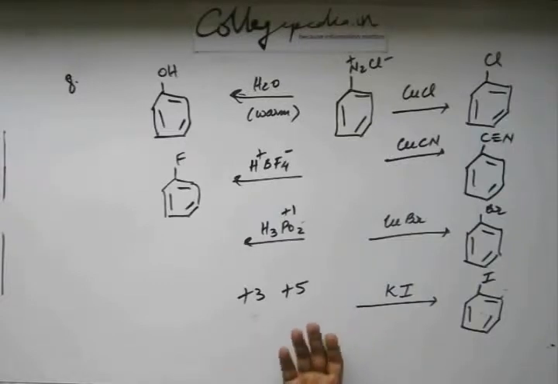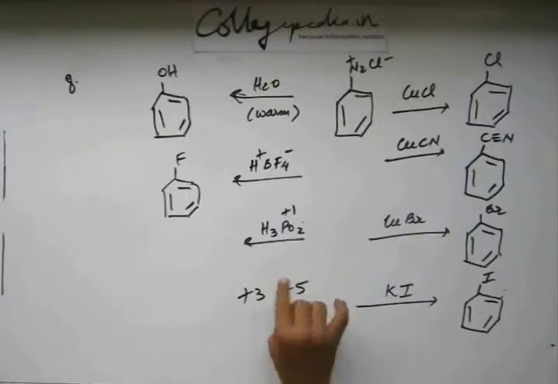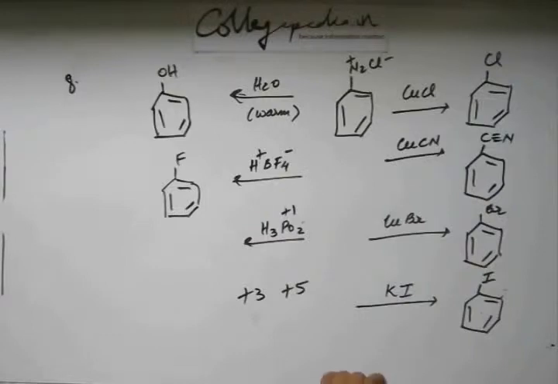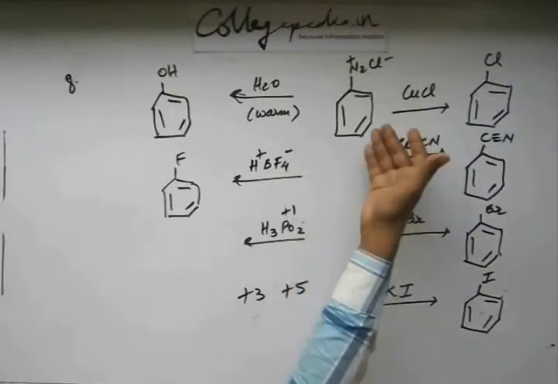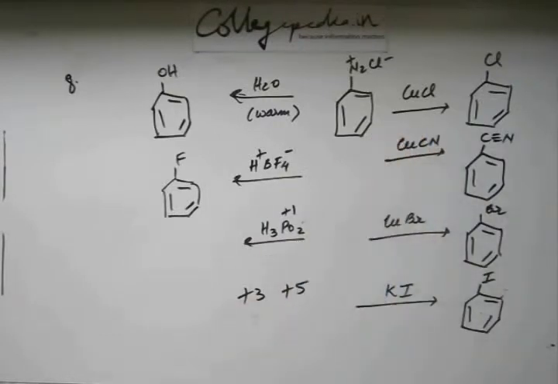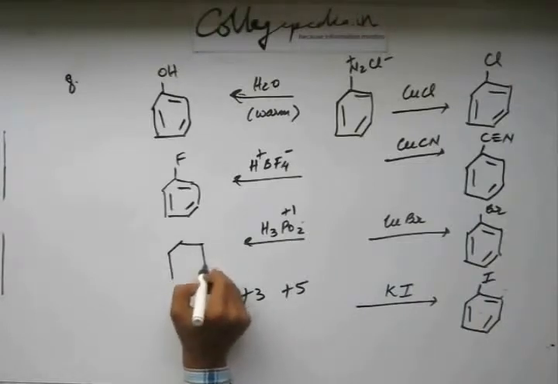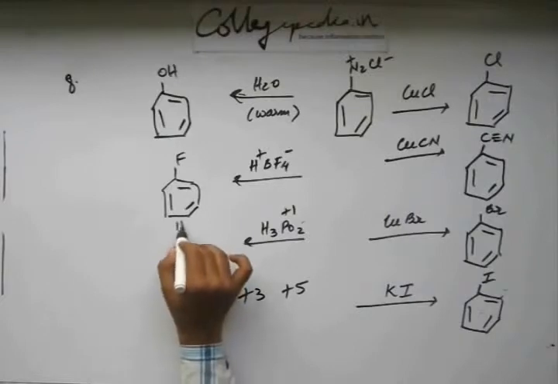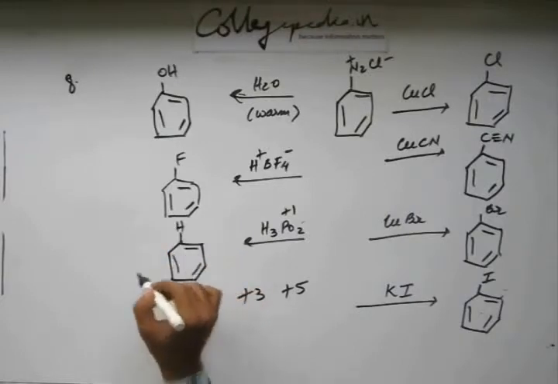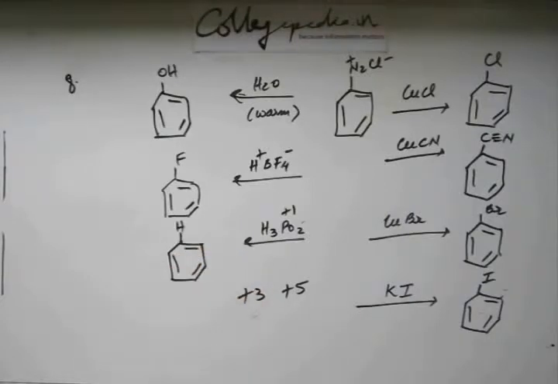This +1 is unstable. The phosphorus will try to reach a higher oxidation state, and it will lose electrons. When it's losing electrons, it's getting oxidized, so it's going to reduce the other substance present. So it's going to act as a reducing agent. So this is going to reduce this diazonium salt, that means addition of hydrogen. So this diazonium salt is going to turn into benzene. When you add a hydrogen here, it becomes benzene.